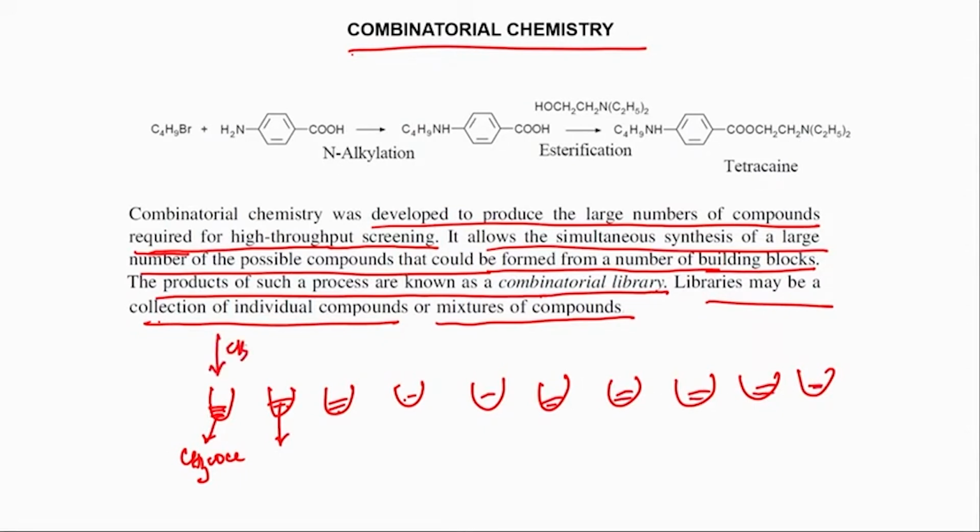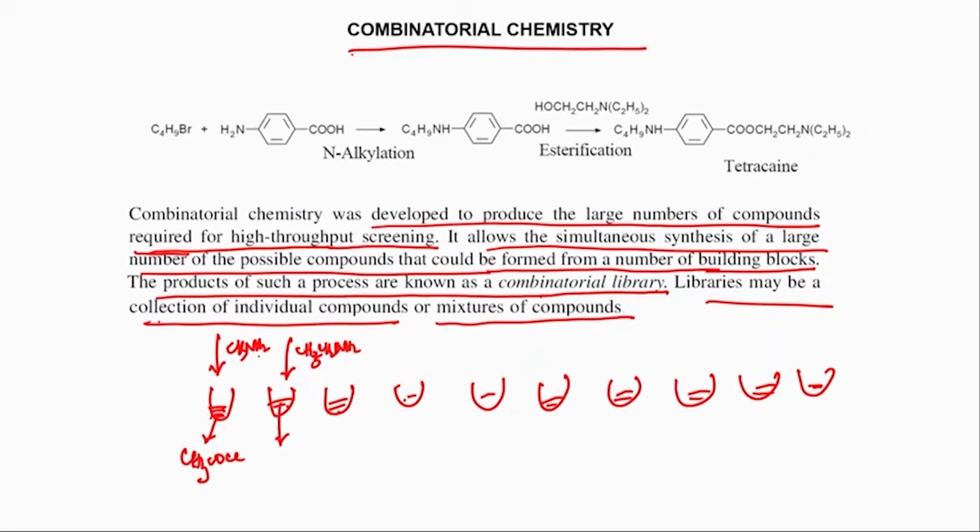Suppose I add methylamine here, and here ethylamine, CH3CH2NH2, then propylamine and so on. In each test tube at the same time, because I am doing it in parallel, I will get the amide.